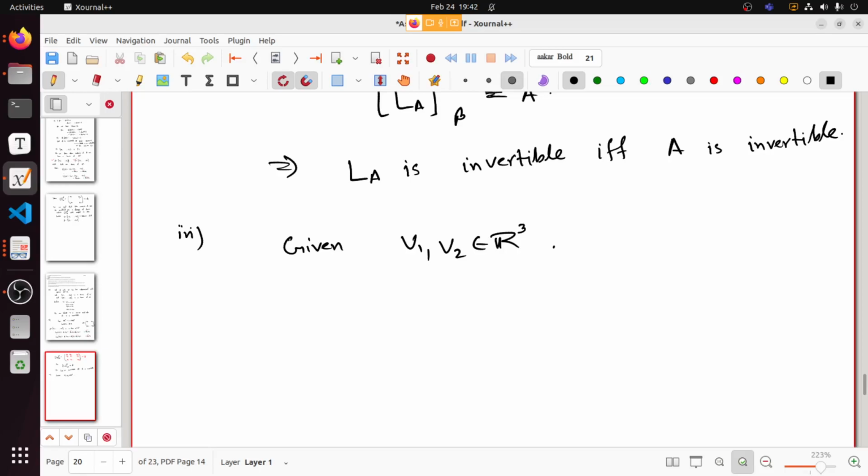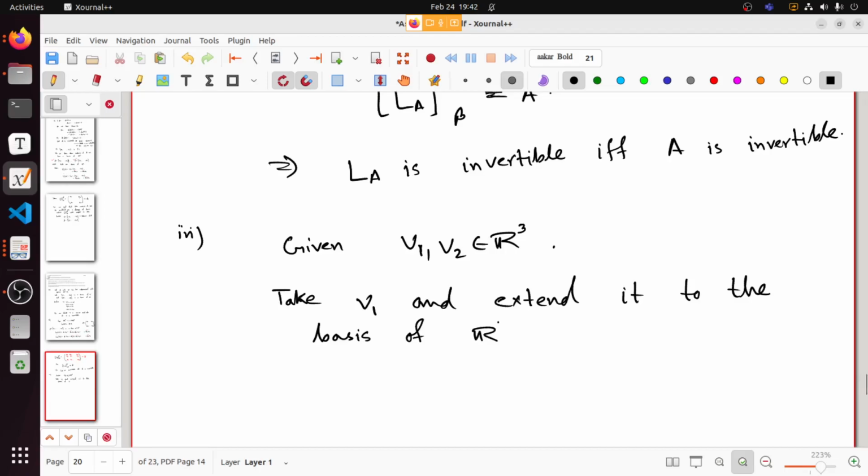So just extend it to a basis. Let's take v1 and extend it to a basis of R3. Right, this is the extension theorem. We can always extend the basis.